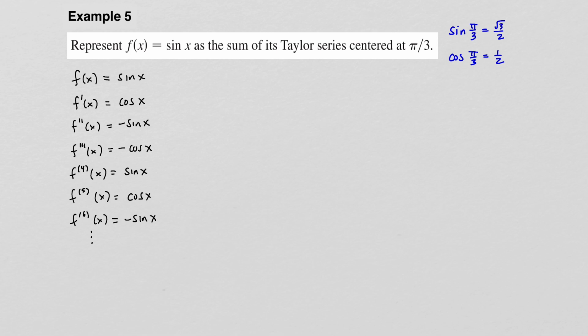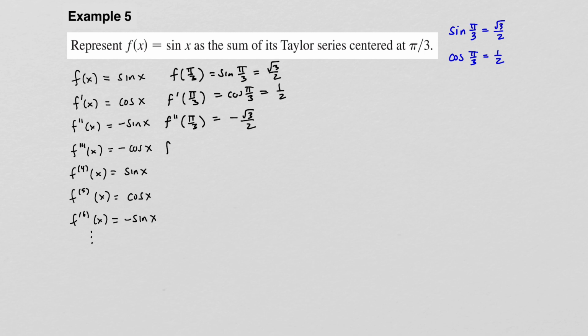So for example, when I plug pi over 3 into our function f of x, we're going to have the sine of pi over 3, which is square root of 3 over 2. But then when I plug pi over 3 into the first derivative, we have the cosine of pi over 3, which is 1/2. Into the second derivative, we are going to get negative square root of 3 over 2.